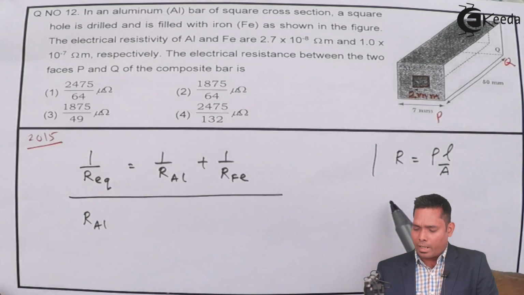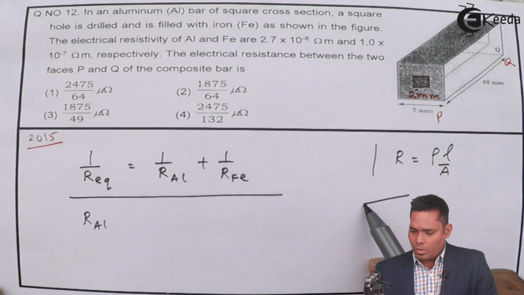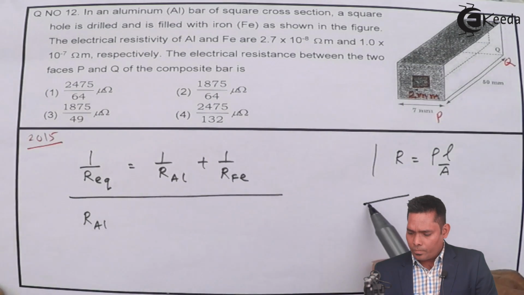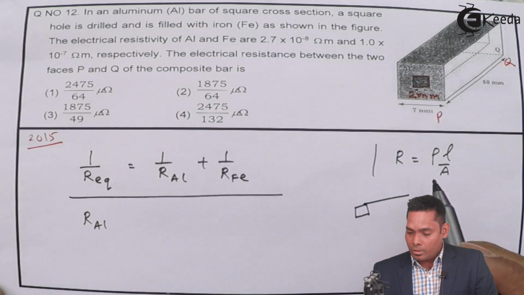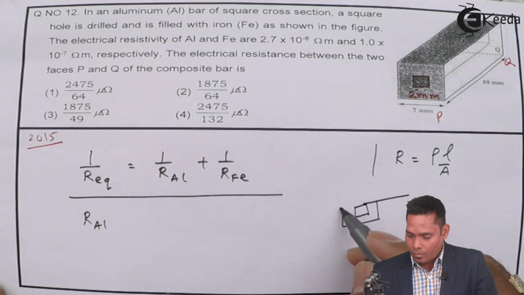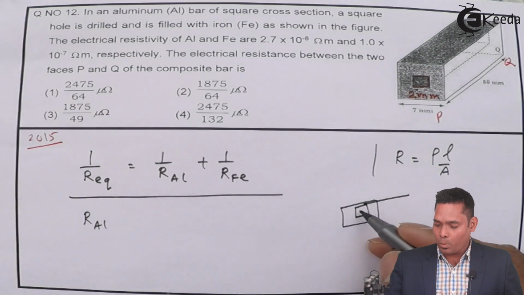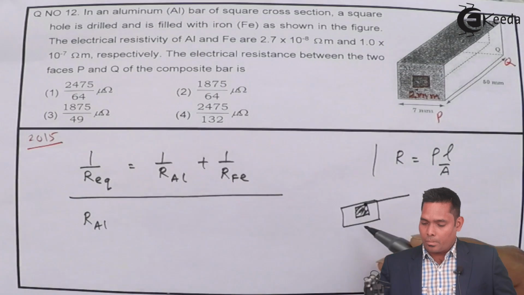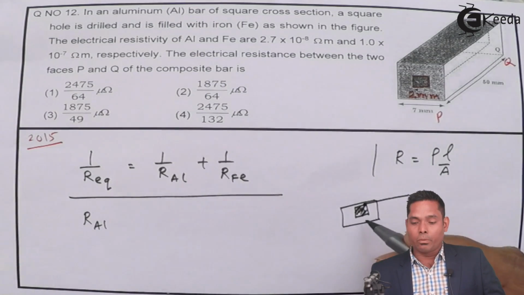So in this case for aluminium, we have area of cross section, and this portion has to be subtracted because this is filled with iron.